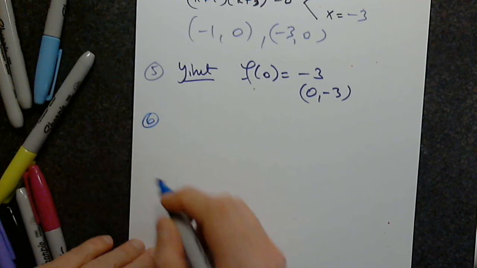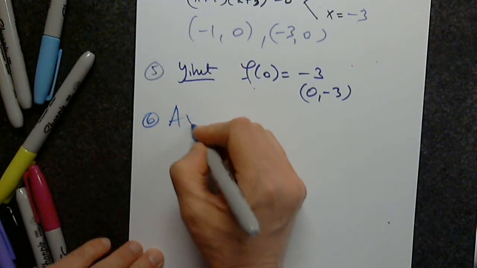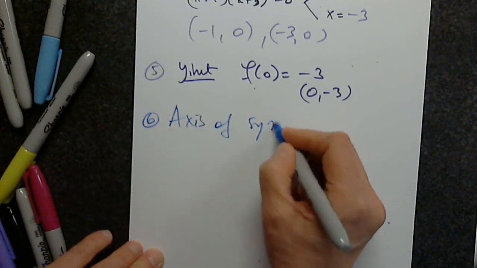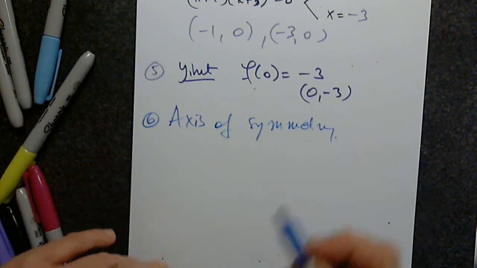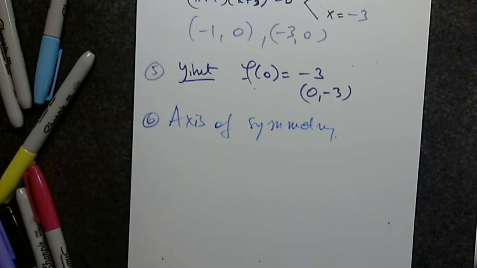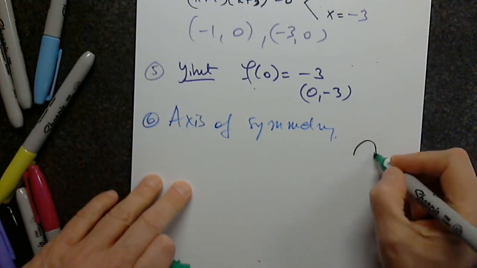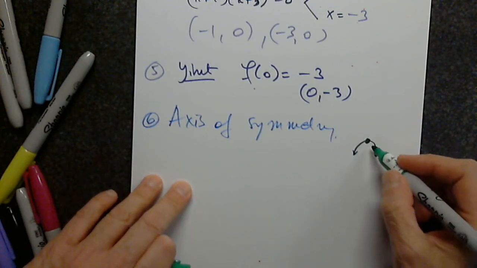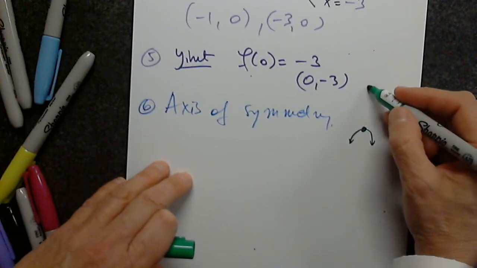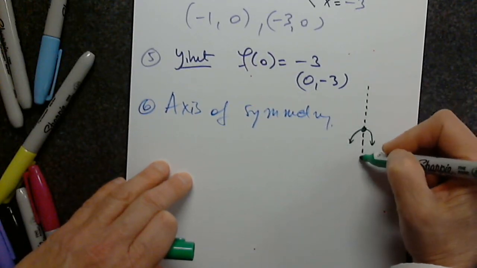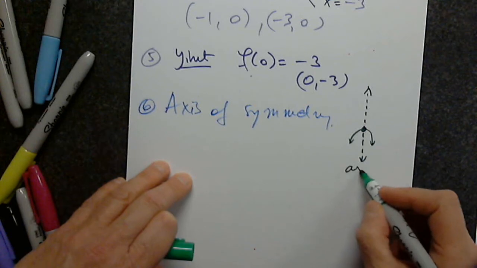Number 6. Axis of symmetry. We are not talking about other even functions. So this function has a maximum. This is the maximum, or the vertex that gives the maximum. This line is the axis of symmetry.